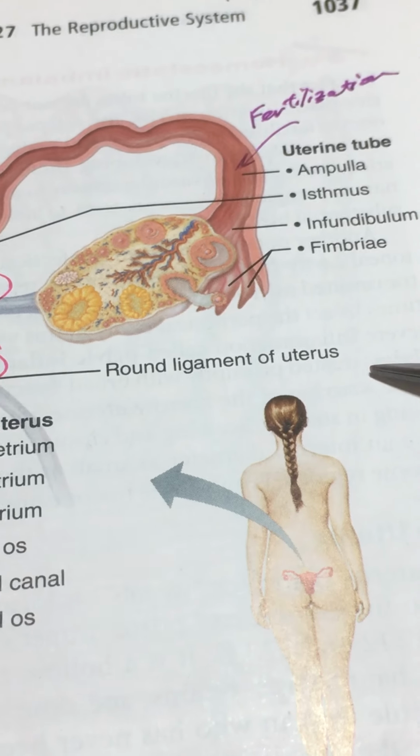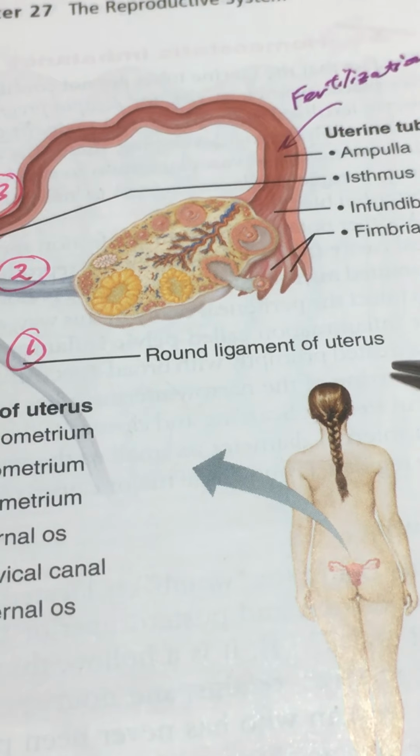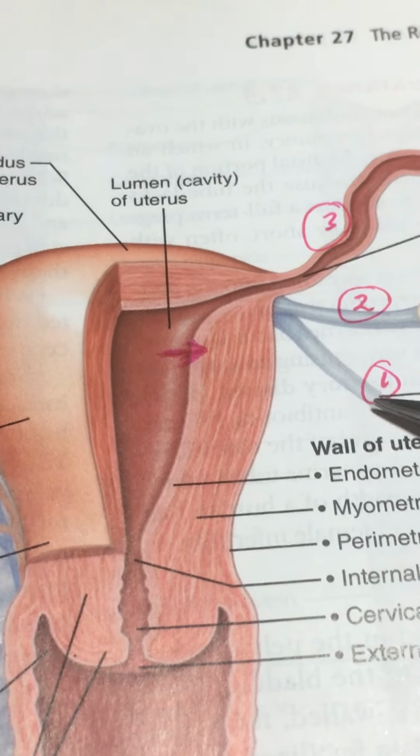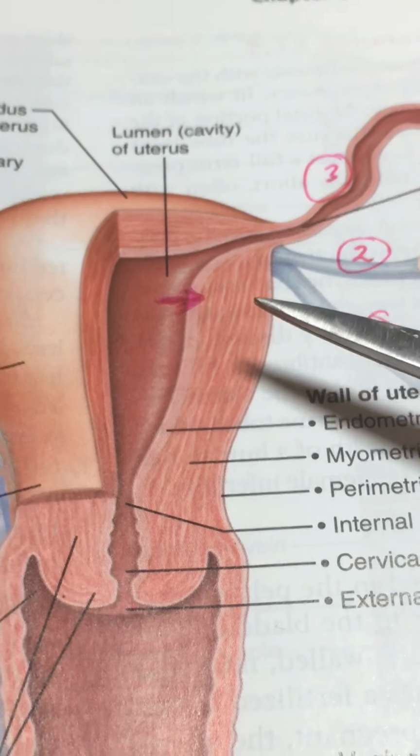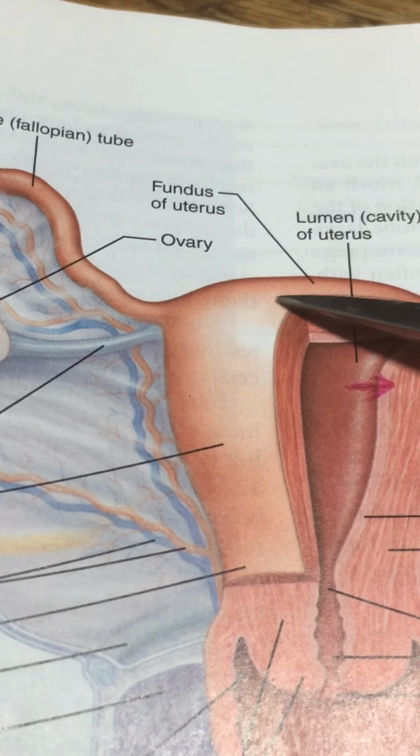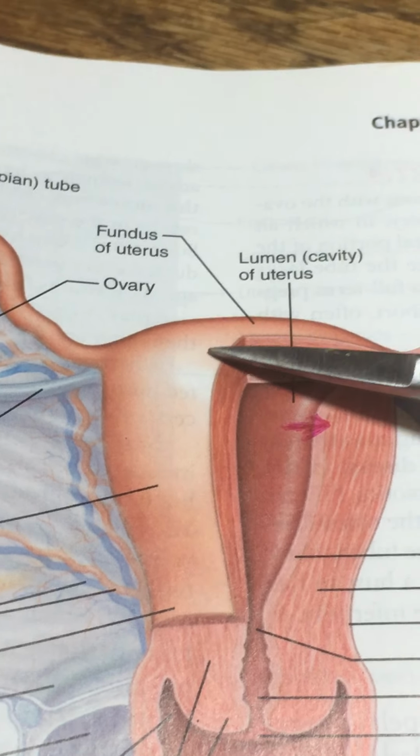Again, this round ligament is a vestigial aspect, previously a part of the development for fetal development. Here's the fundus, referred to as the fundus of the uterus.